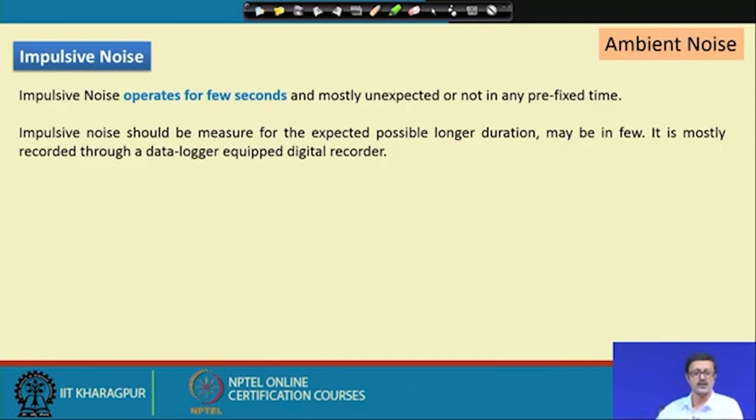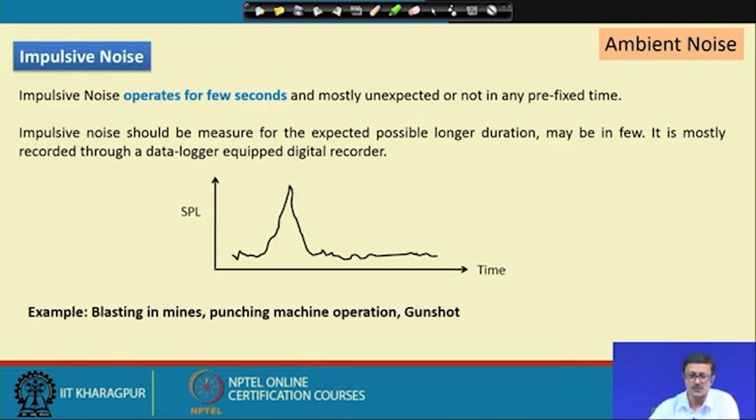So, you require a data logger, digital recording machines and data loggers, which can take data for a longer period, and after you receive and analyze those data, you find the peak values also. It sometimes looks like this. For a very few seconds there is a huge amount of noise, and for a longer duration there is none, and the occurrence is unexpected.